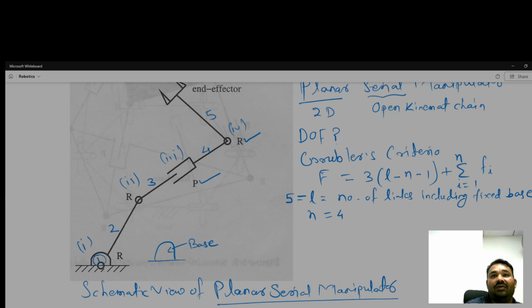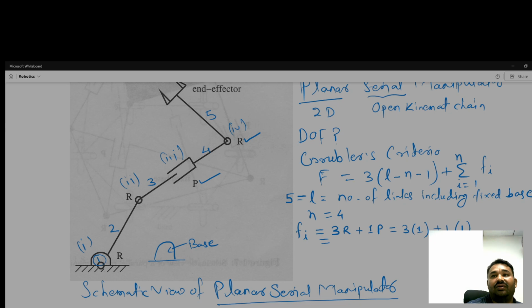And what about f_i? We have 4 joints, 3 revolute plus 1 prismatic. Each revolute joint gives 1 degree of freedom, and the prismatic again gives 1 degree of freedom.